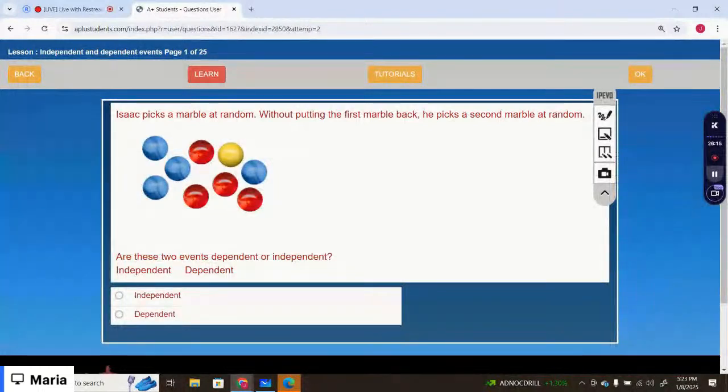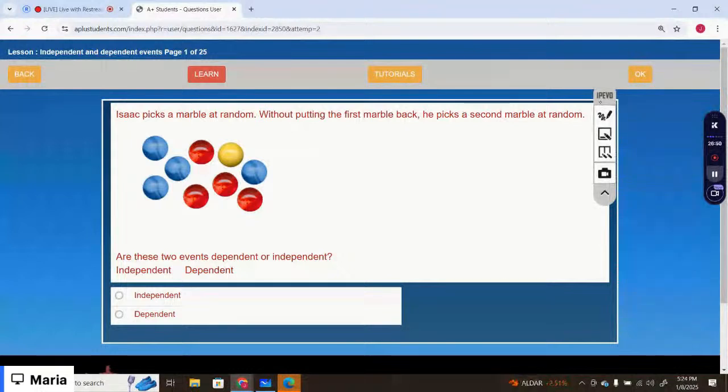Isaac picks a marble at random. Without putting the first marble back, he picks a second marble at random. Are these two events dependent or independent? Isaac picks the marble first, right?